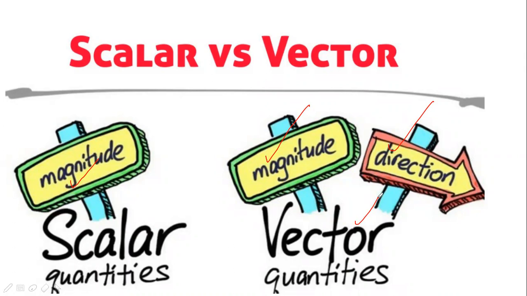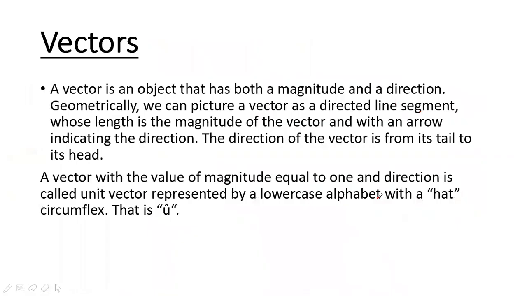Just think that when force is applied, it is applied in a particular direction. So it has magnitude and direction, so it's a vector quantity. And length doesn't have direction. When it has direction, it is called displacement. So length has only magnitude, so it is called a scalar quantity.